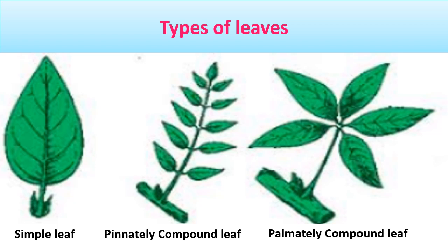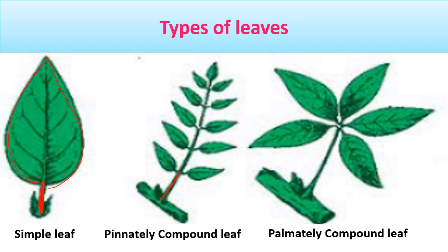Here you can see a few of the types of leaves. This is a simple leaf. Here you can see it has a stalk, and one stalk is bearing only one leaf, hence it is simple. On the other hand, here you can see this is a stalk of the leaf. I will change the color for your understanding.